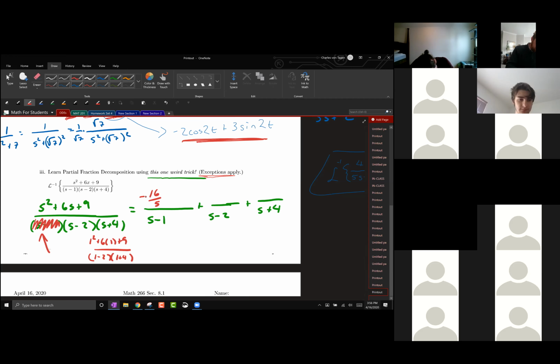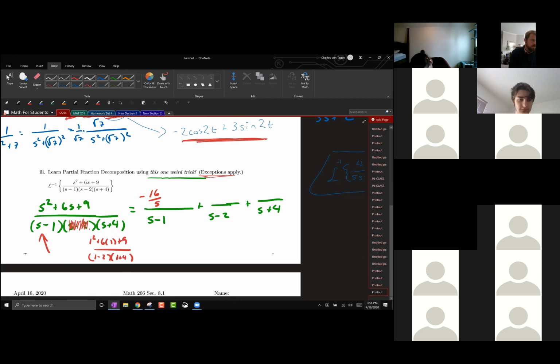Let's continue. So to find the next entry in the partial fraction decomposition, I'm sorry, folks, I can't show you. Normally what I do is on the board, I cover up the factor, but we can't do that here. So for the next entry, I'm going to cover up the factor of 2, and I'm going to replace all of the remaining s's with 2's.